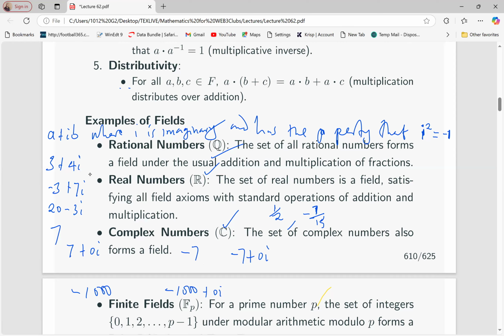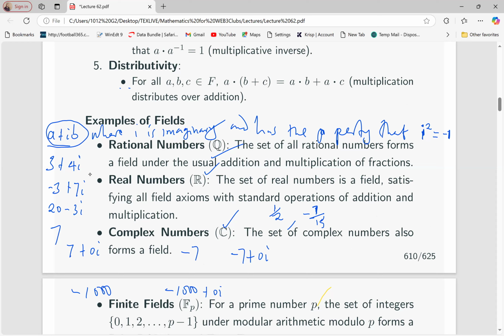All the whole numbers you know are also complex numbers, whether positive or negative. And to add on that, all other numbers that can be written in this form are also complex numbers.